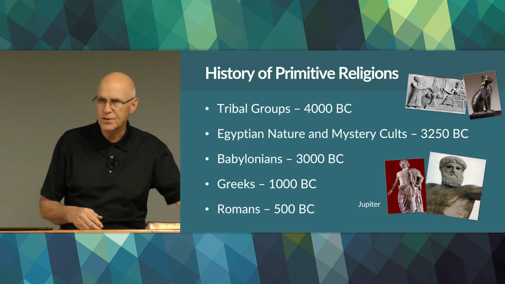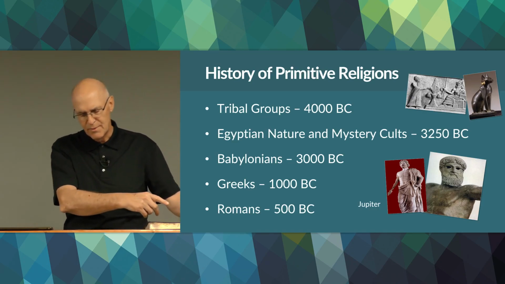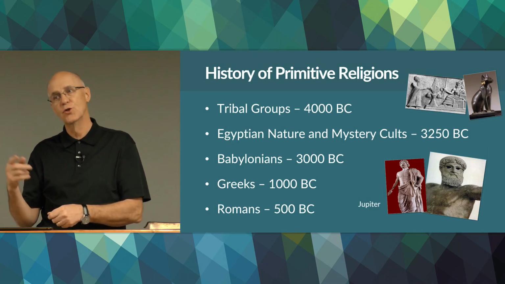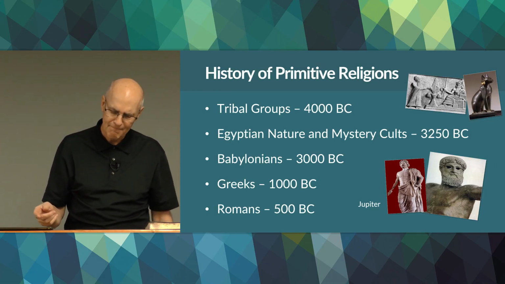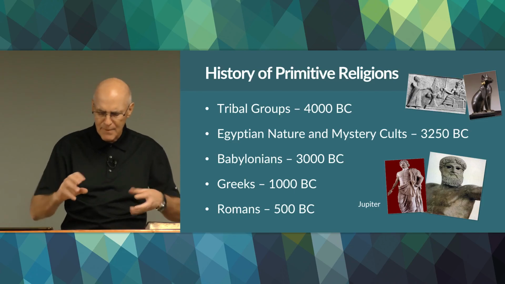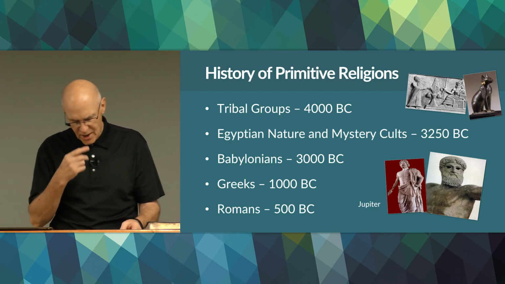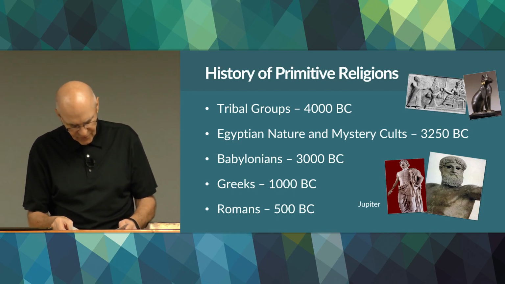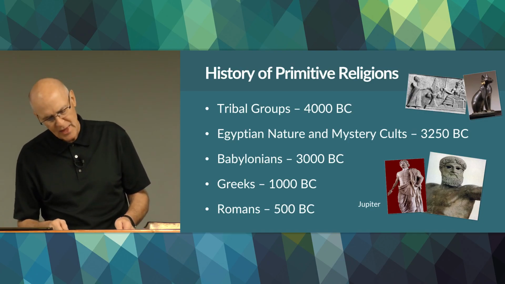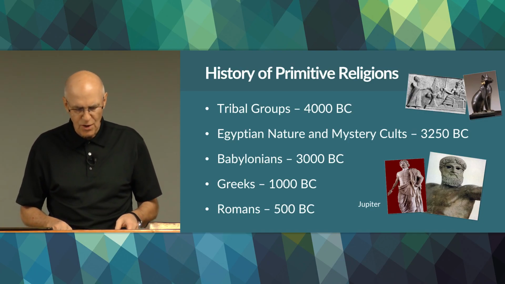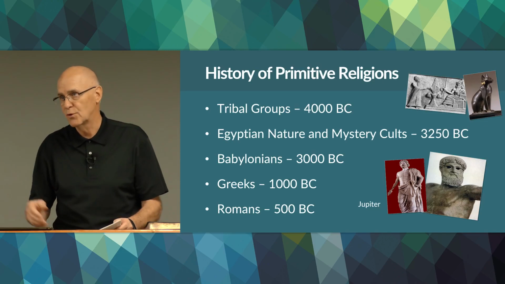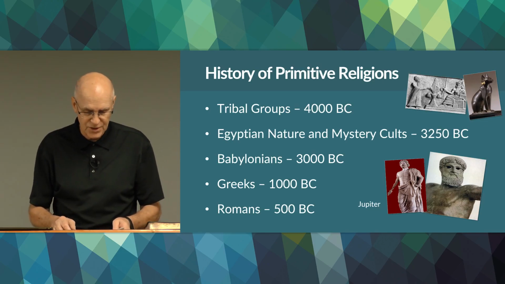So Zeus, the Greek god Zeus, became the Roman god Jupiter. Okay? So the Romans, they mixed Greek mythology with their own primitive nature religions. Eventually, the Roman religion was eclipsed by Christianity in the 3rd and 4th century.